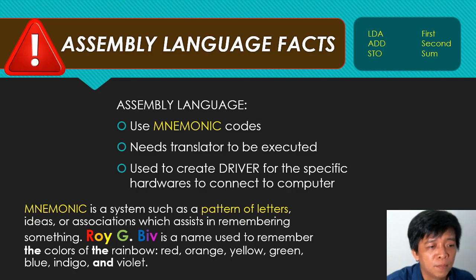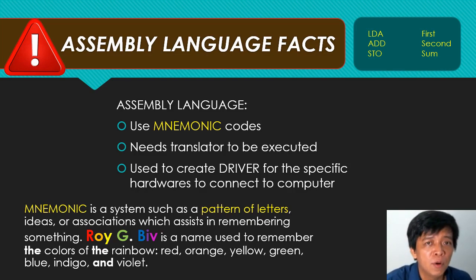Don't read the M, okay? You just use mnemonic codes. What are mnemonic codes? You see, this assembly language is using mnemonic codes: LDA, load first; ADD second; STO, store the sum of the first and second number. So, use mnemonic codes.